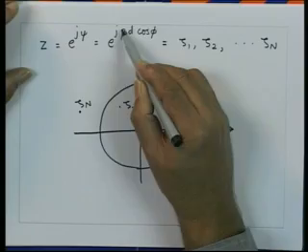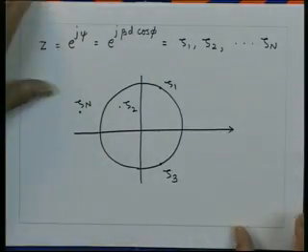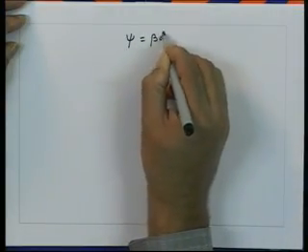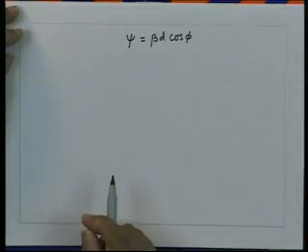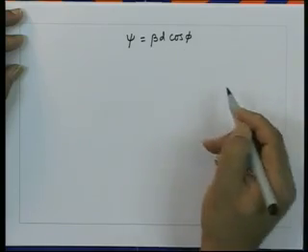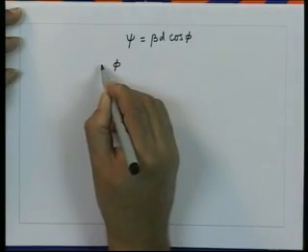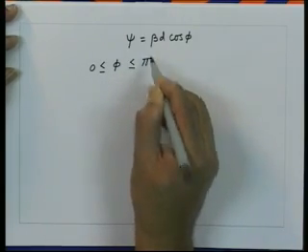Let us say we have this quantity psi which is given by beta d cosine of phi, and phi varies from 0 to pi. So, the range of phi is greater than or equal to 0, less than or equal to pi.